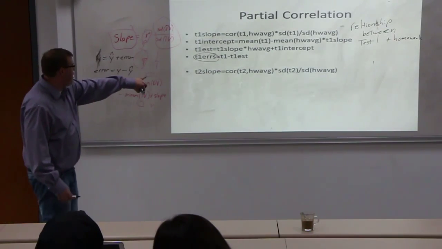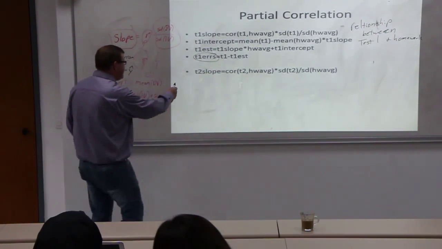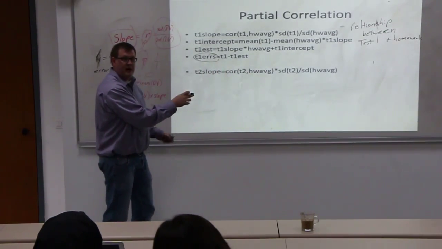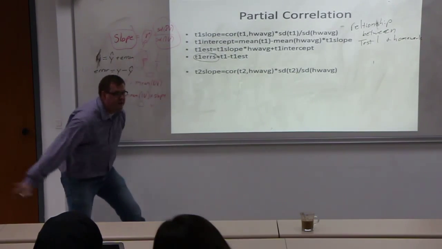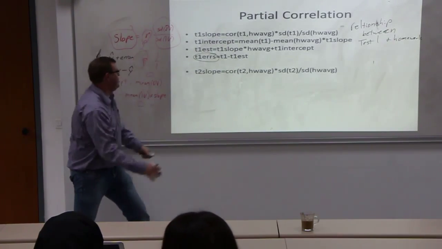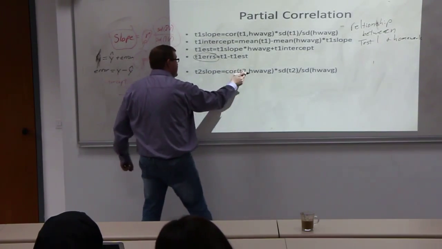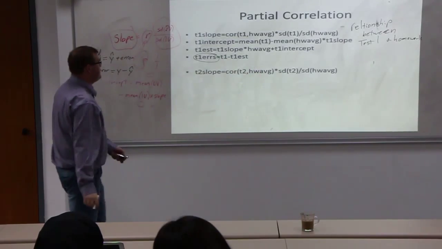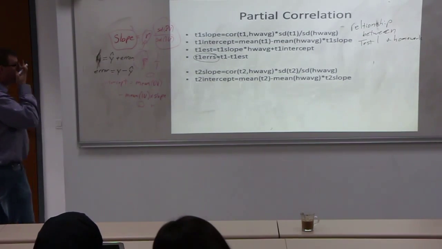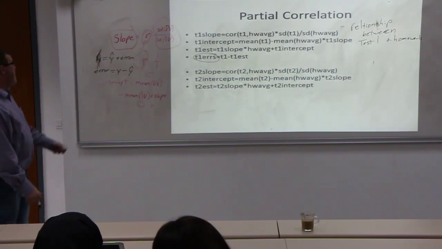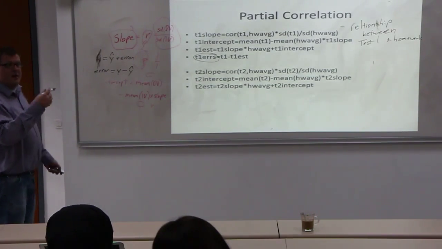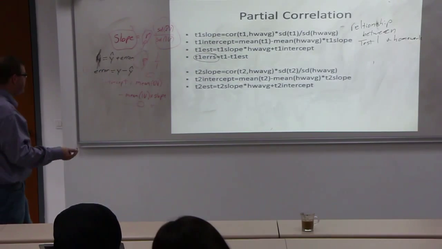So we'll have a test 2 slope, right? So the test 2 slope is the correlation between test 2 and our homework. We're partialing homework out of everything. So we're predicting test 1, and we're also going to predict test 2. So the correlation of test 2 and our homework average times the appropriate standard deviations. Okay, then we find our intercept, the mean of test 2 minus the mean of our homework times the test 2 slope. We find our estimates of test 2. That's just the slope times each homework score plus the intercept.